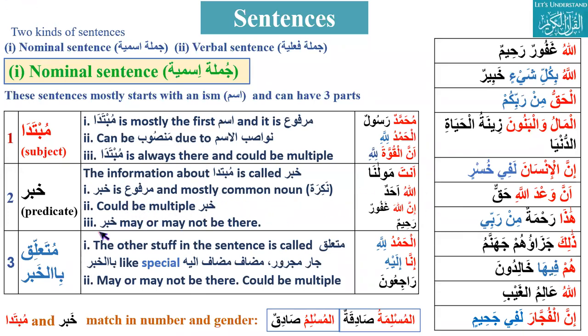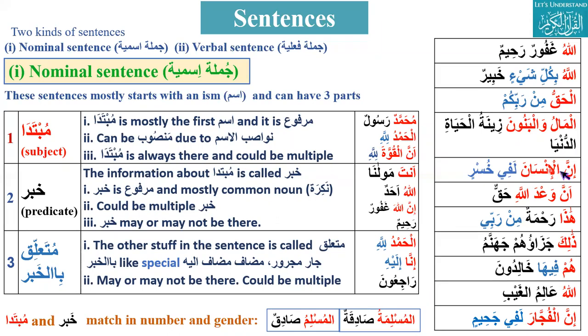Like we have the example, al malu wal banuna zinatul hayatid dunya. Here we have al malu and al banuna, and both of these are mubtada. Zinatul hayatid dunya is the khabar.